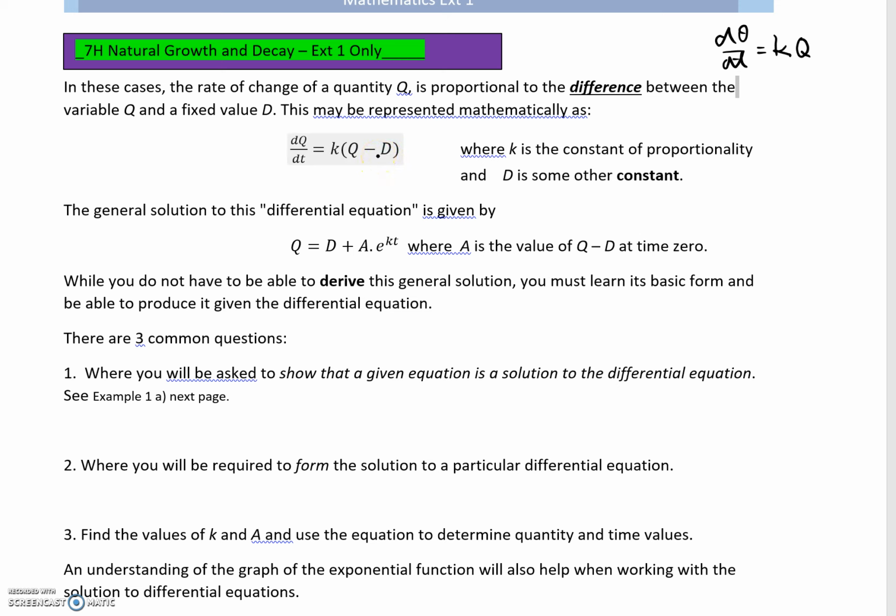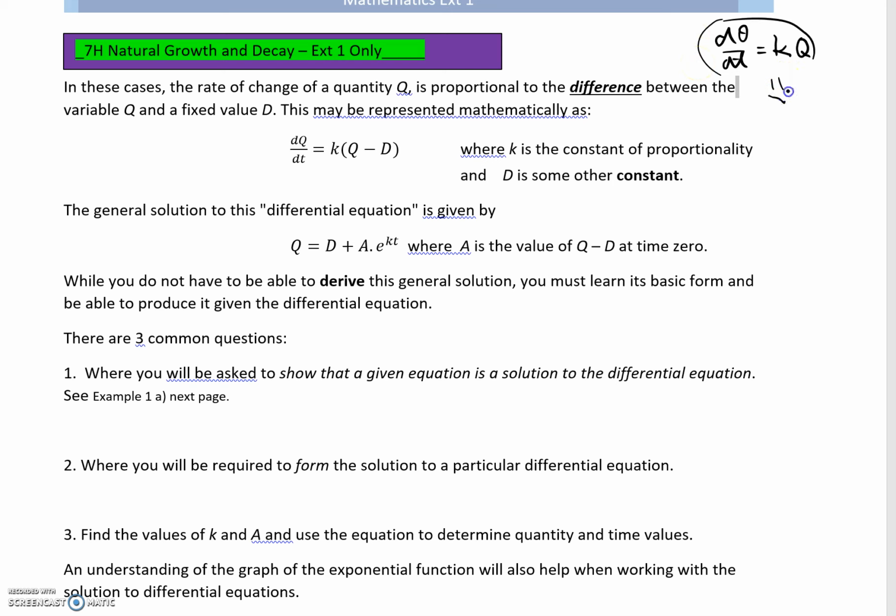If you have a look at that equation and compare it, it's pretty easy to see that yes, difference is being denoted with a subtraction sign, the size of the quantity at a time, and D being a constant. So we know that as the differential equation, just as we knew this one over here as the differential equation.